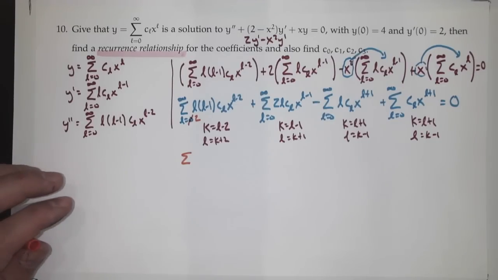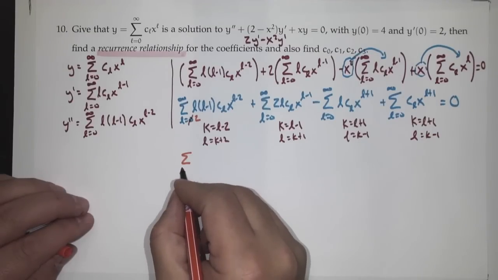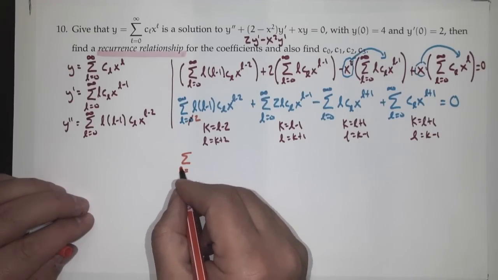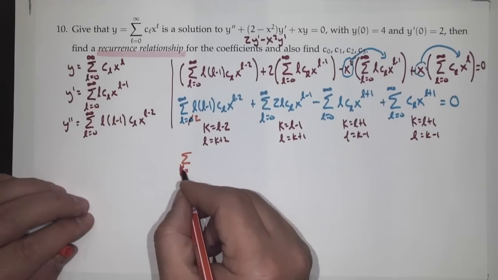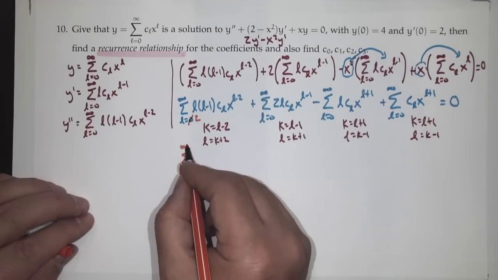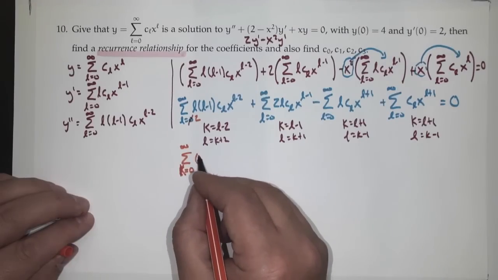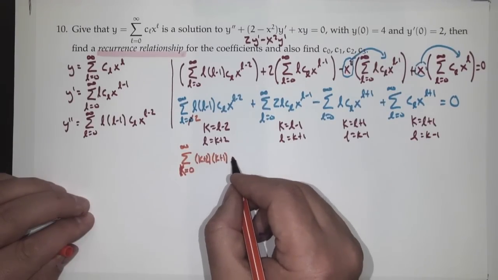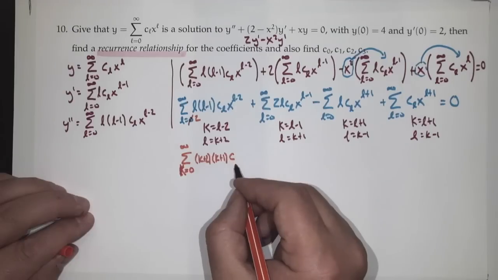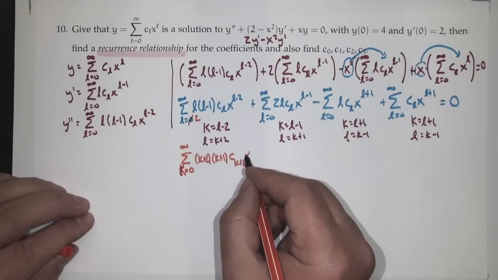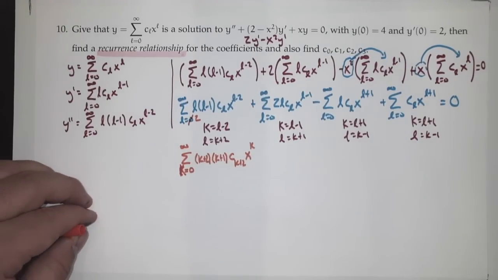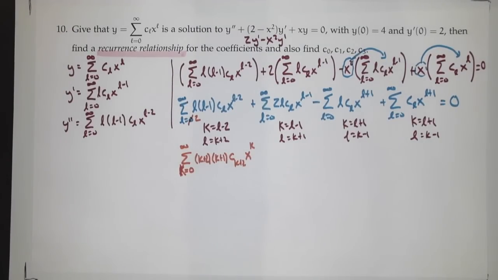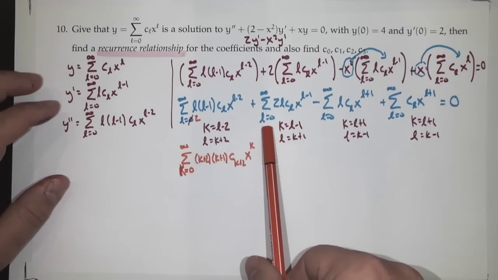You haven't lost anything. So if you do that, you say, oh, okay, this is now the sum from k equals 0 to infinity of (k plus 2) times (k plus 1) c sub k plus 2 x to the k. Now, on the next term, we can do the same thing.